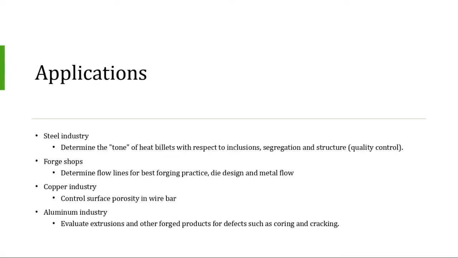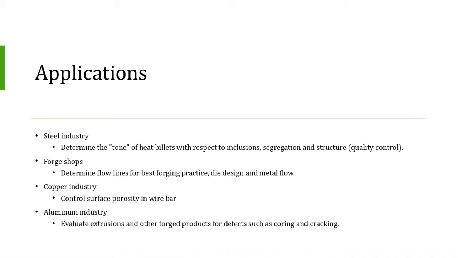So where are these applied? The steel industry determines the tone of these billets with respect to inclusions, segregation, and structure in which they use for quality control. Forging shops determine flow lines for best forging practices, design for the die, and also metal flow.